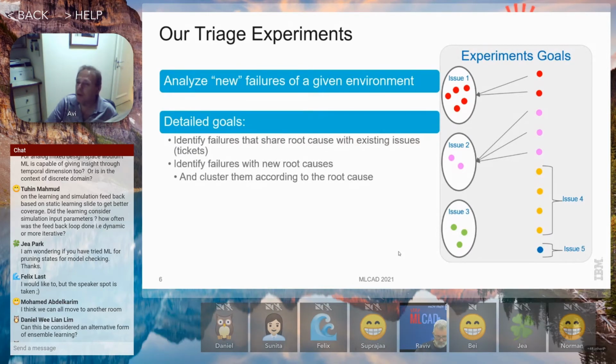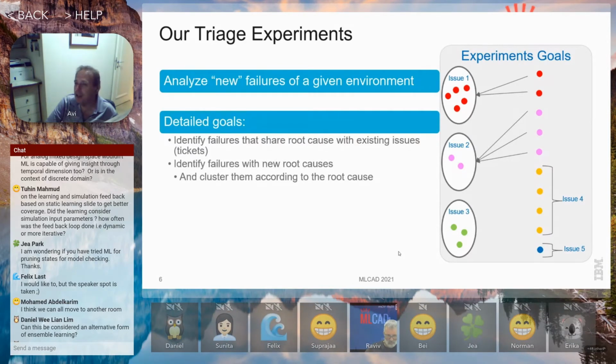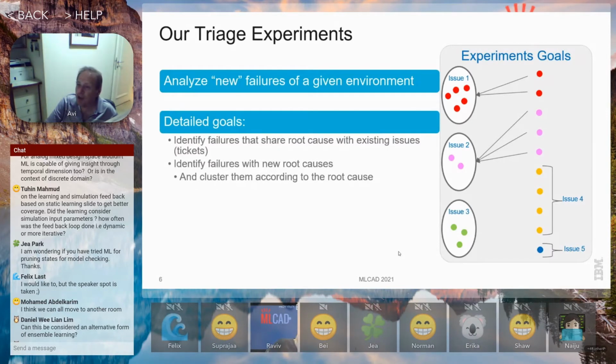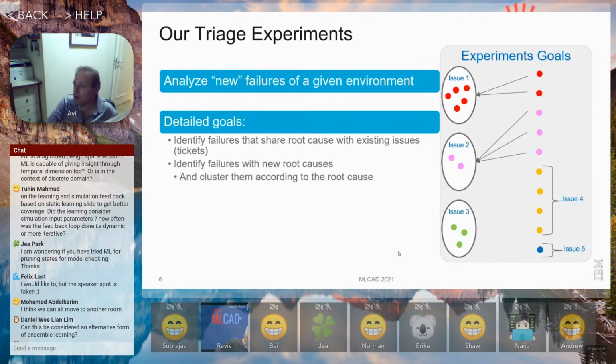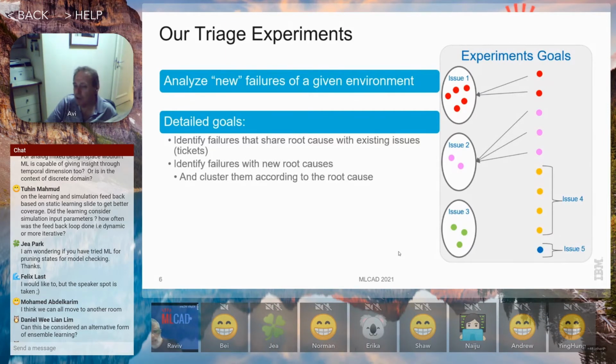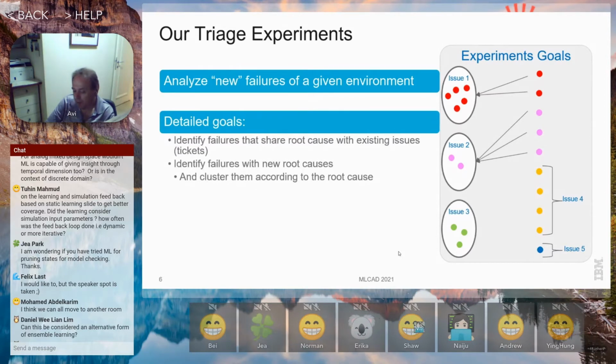So we want to take the 2 red dots and assign them to issue 1, the 3 purple assigned to issue 2, and the 4 yellow ones are a new root cause we want to open. Again, I'm not saying if this is something that's done automatically or we tell a person to open a new ticket or new issue for this one, and the blue one is going to go to another one.